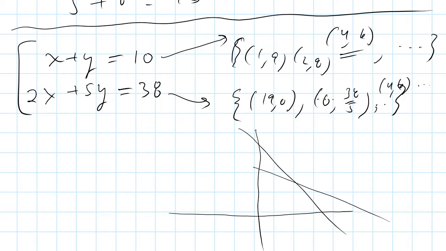So if you were to graph them both, they'd intersect at 4, 6. So 4, 6 happens to be the solution to this system. It makes both equations true.